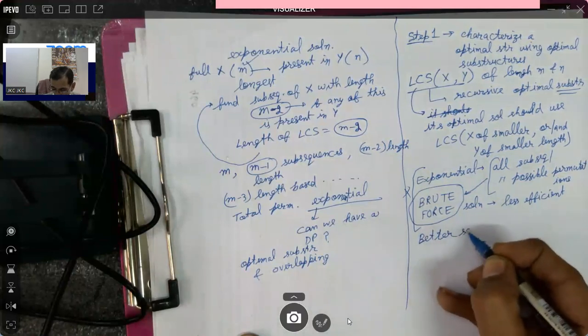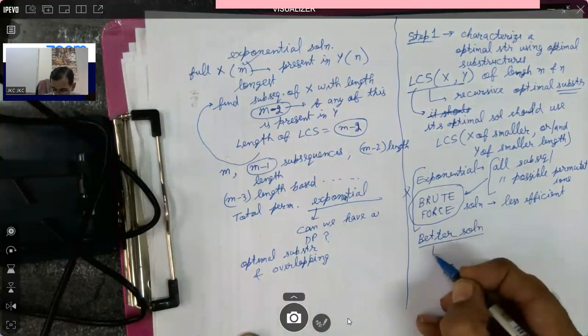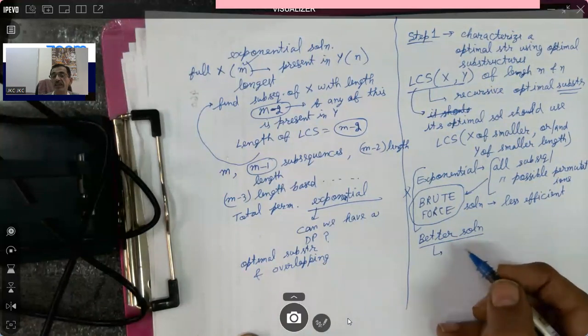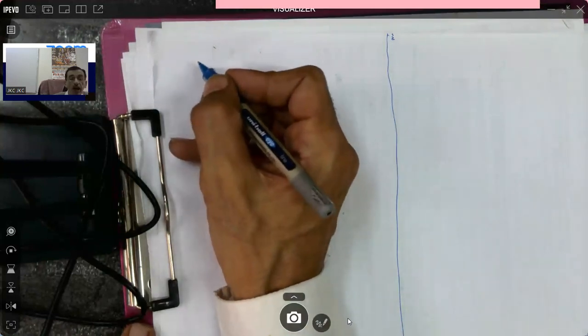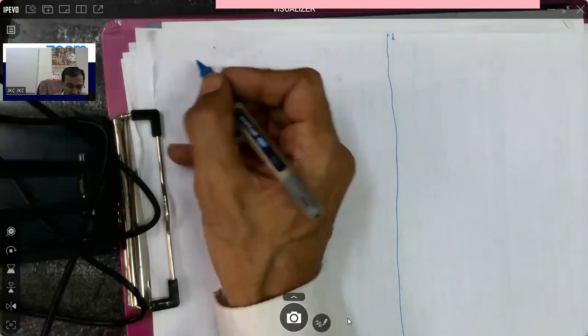So for a better solution, our step will be, first of all, to go towards finding the optimal structure using substructures. Let's go that way. So how to do that? That is the most important step.